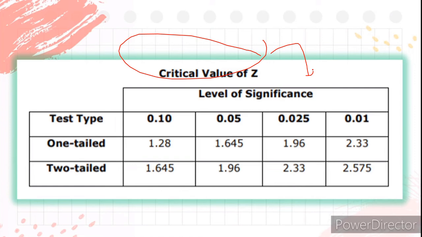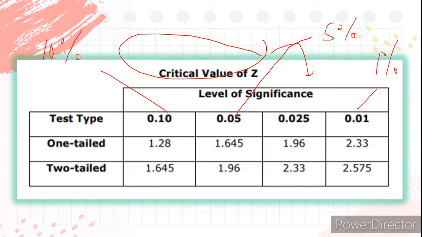Again, you need to memorize the z value or the level of significance of one-tailed and two-tailed of z value. Sasabihin naman doon kung ano yung level of significance, if it is 0.1, 0.05. If it is in the form of percentage, you need to divide it by 100. If it is 5%, that is 0.05. So this is 5%, this is 10%, and this is 1%.